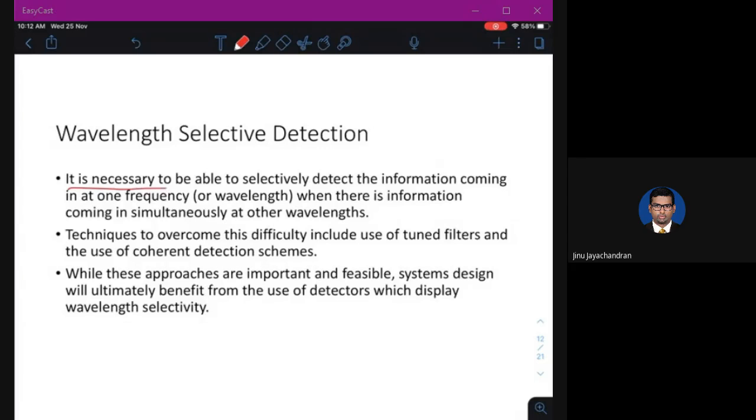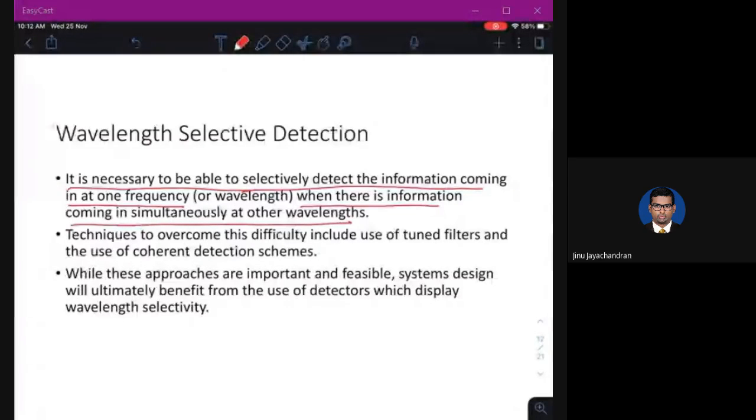So it is necessary to be able to selectively detect the information coming in at one frequency or wavelength when there is information coming in simultaneously at other wavelengths. Let's say in optical communication, you might be sending information at different wavelengths.